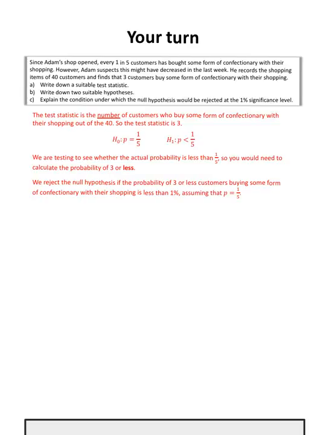So the test statistic here is the number of customers who buy some form of confectionery, out of the group of 40. So in this question, our test statistic is 3. Write down 2 suitable hypotheses. So we're going to have our null hypothesis, that 1 in 5 customers did buy some form of confectionery, that's what we're assuming is right.